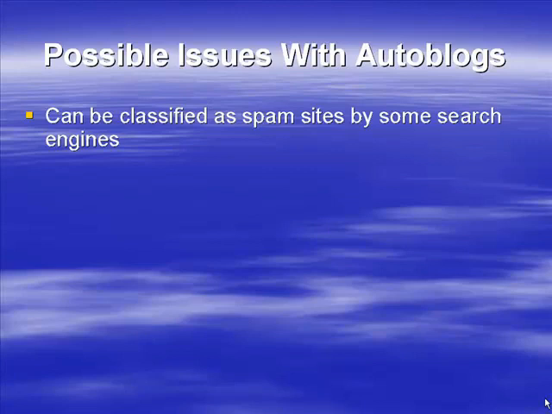Their businesses were destroyed because they just focused on creating these mass generated sites using scraped content, and their businesses were ruined. So whilst autoblogs are good, take steps to make sure they don't get classified as spam sites, and also create other sites as well so that it's not your only stream of income. It's never a good idea in business to have all your eggs in one basket.